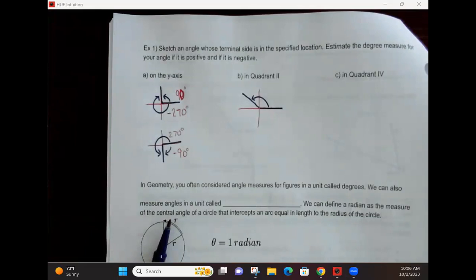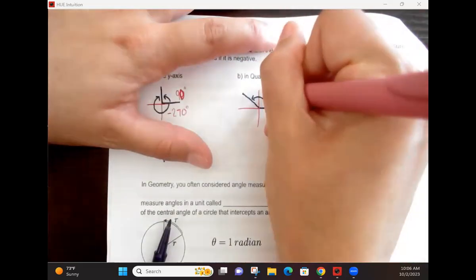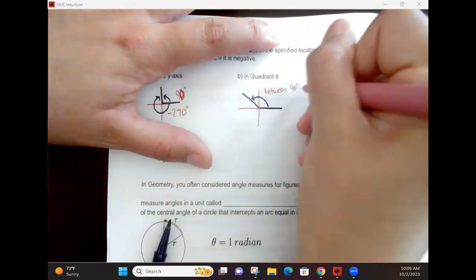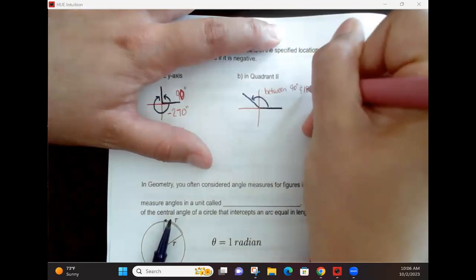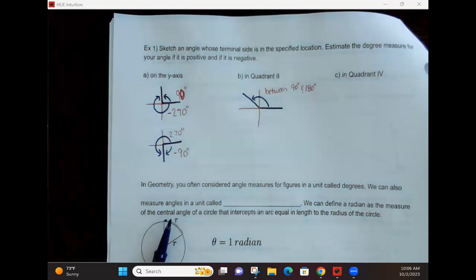It's going to be somewhere between 90 and 180. I want it in quadrant 2, so it can't be on the positive y, it can't be on the negative x. That means the positive angle is somewhere between 90 and 180.